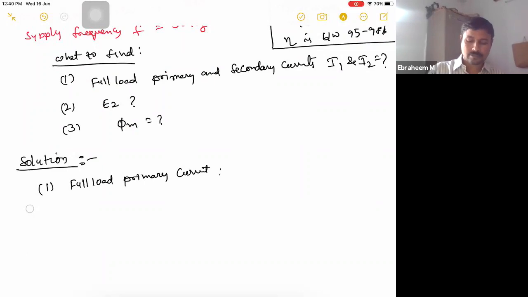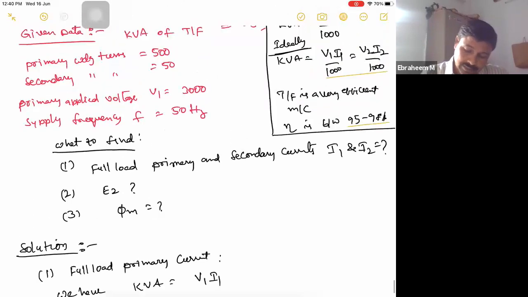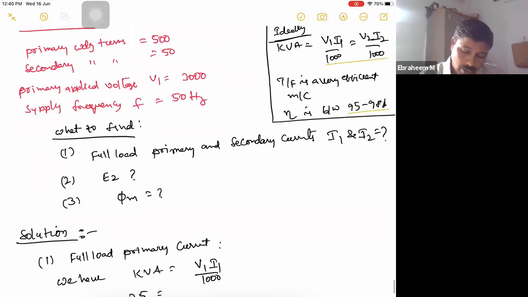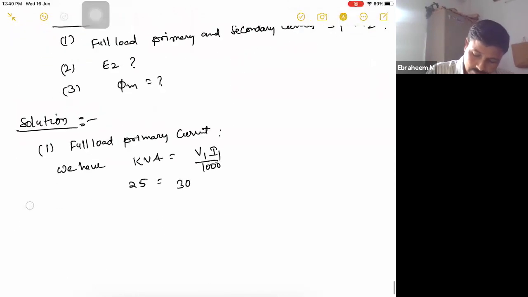Primary current. So we have KVA is equal to V1 I1. How much KVA is given? 25. So 25 is equal to, sorry, this is divided by 1000, right? So 25 is equal to V1, how much? 3000, into I1 by 1000.